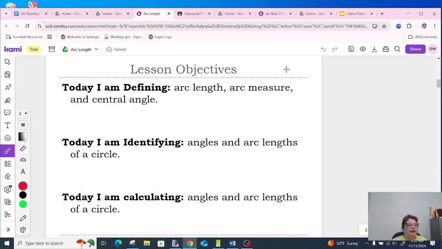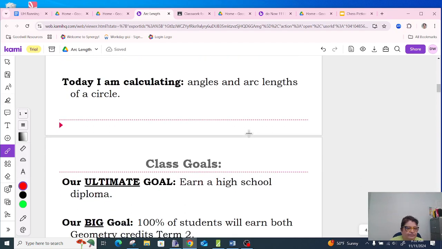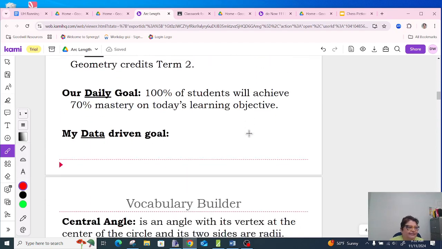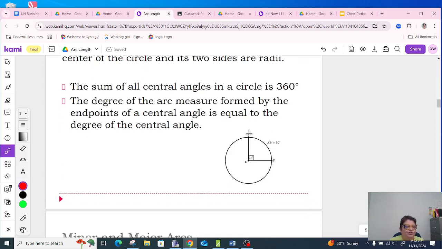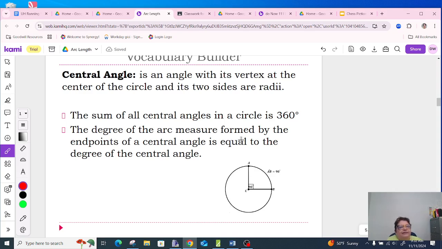So today we're going to talk about arc length, arc measure, central angle. We're also going to talk about sector area. Central angle is an angle with the vertex at the center of the circle, and the two sides are radii.